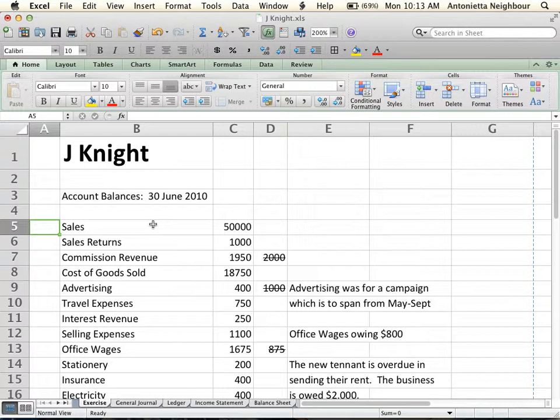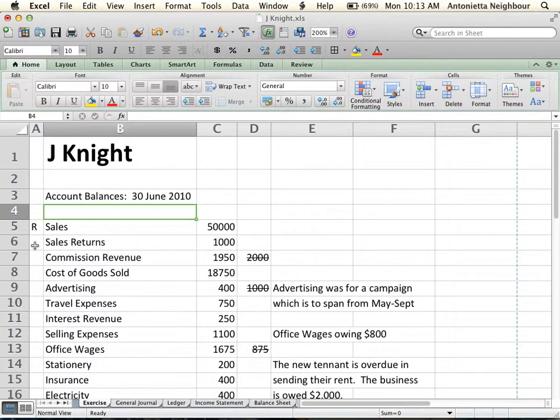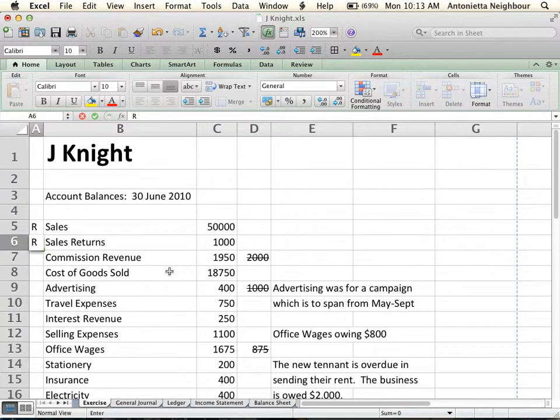Can I start? Thanks. Okay, sales is a revenue. Sales returns is also a revenue. It's a contra revenue, but I'm just going to leave it as a revenue because it's certainly not anything else. Commission revenue. Cost of goods sold is an expense.